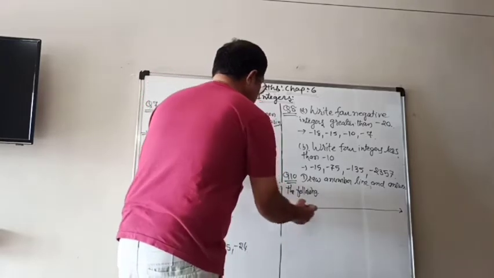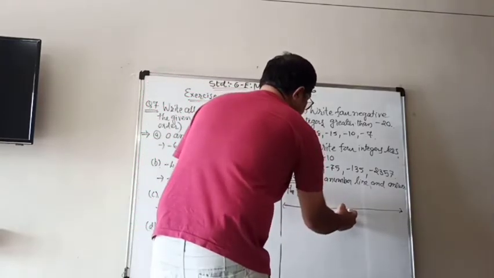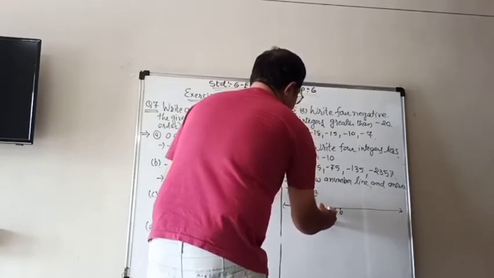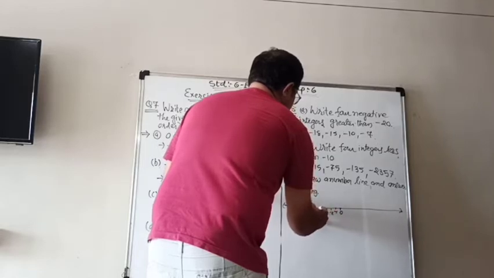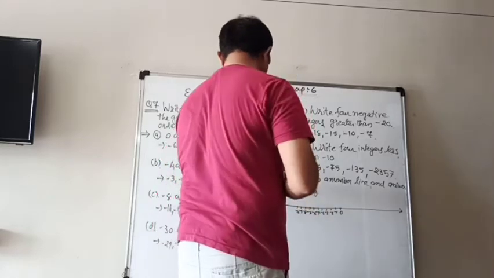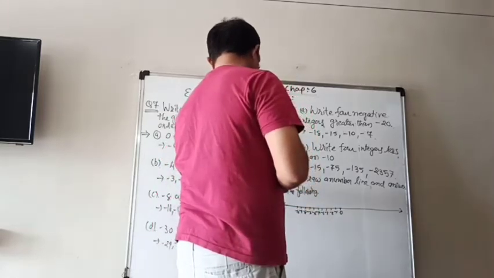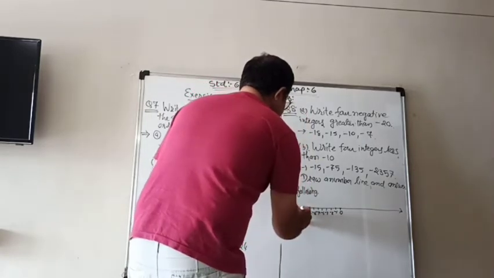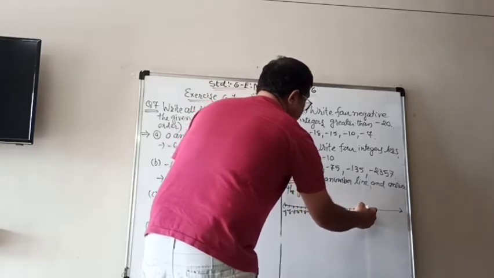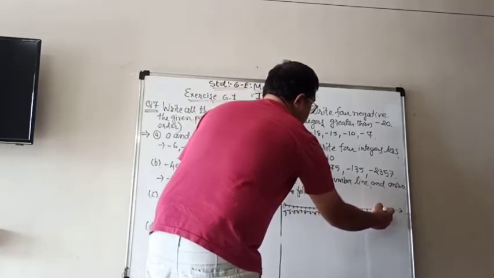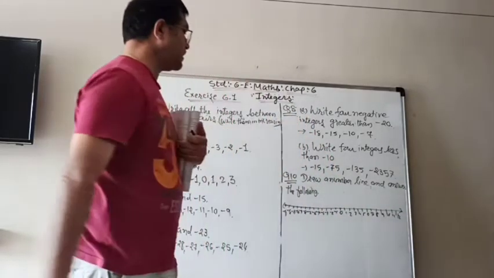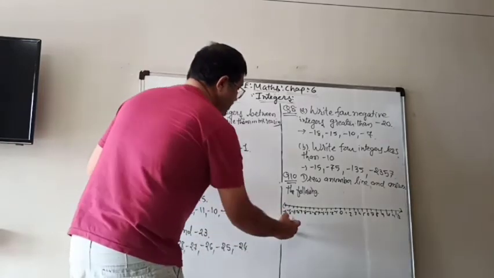Question number A is, okay, let's mark some numbers. Minus 11, 12, 13. 1, 2, 3, 4, 5, 6, 7, 8, 9, 10, 11, 12, etc. Now from the same number line we will try to give the answers.